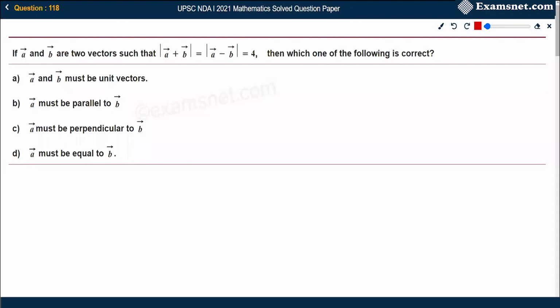In question number 118, it is given that if A vector and B vector are two vectors such that mod of A plus B equals mod of A minus B equals 4, then which one of the following is correct?